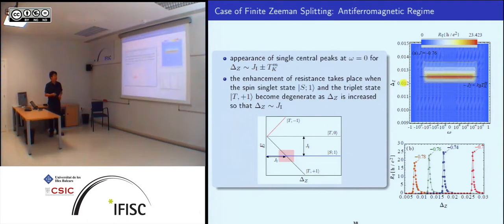But even in this case, for very large Zeeman splitting, we have enhancement of the resistance. It is due to the magnetic field induced Kondo effect.